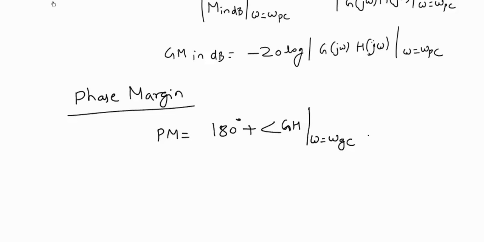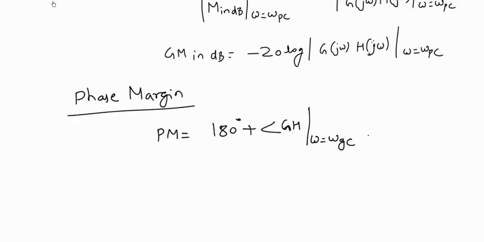So what we will do is, first of all, we have to calculate the angle at omega equal to omega GC, the gain crossover frequency, and then add it to 180 degrees. So that is phase margin. So these are the definitions of gain margin and phase margin.